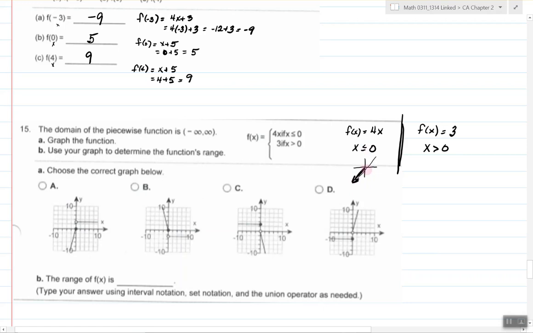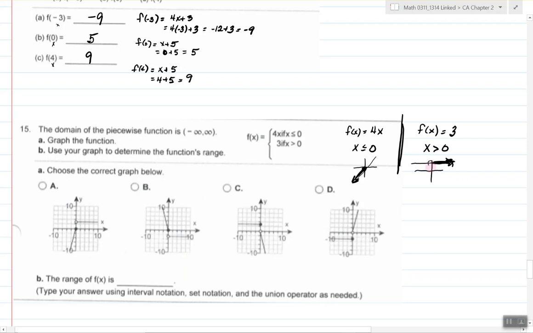And at 0, yes. This one, if I could draw it everywhere, is a horizontal line at y equals 3. But this is only true when x is greater than 0, so it's only this side. Is it on this line when x is equal to 0?